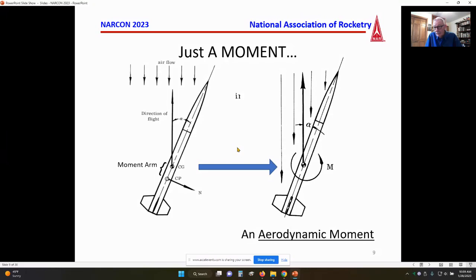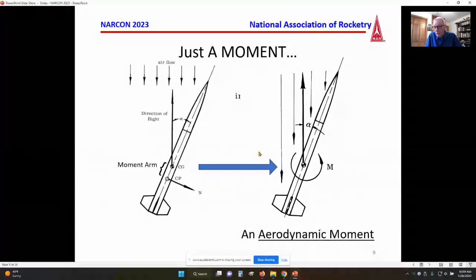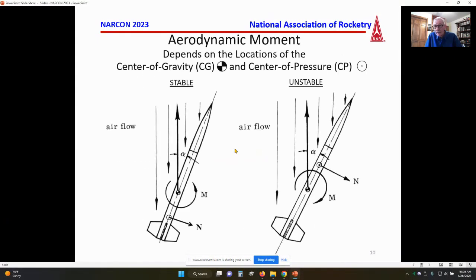A lot of times, if they're not totally stable or they're marginally stable, there's an awful lot of wandering in the process, unfortunately. So the aerodynamic moment on a stable rocket, you can see, you get stability when the center of pressure is behind the center of gravity.